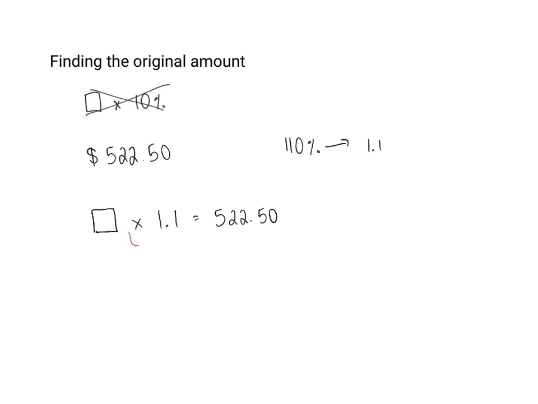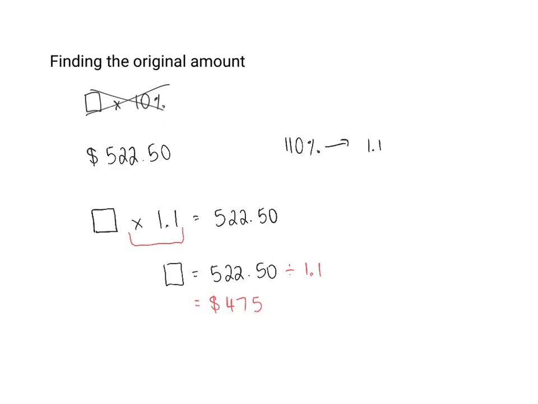If I multiplied the original amount by that, I need to do the opposite to go backwards. So this original amount will be $522.50 divided by 1.1. If I do that on my calculator, that gives me the original price being $475.